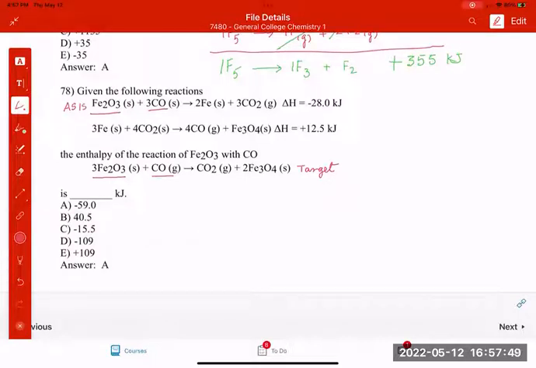Next is iron plus carbon dioxide gives you 2 carbon monoxide and Fe2O3. Here, Fe2O3 is what we need in the products, and Fe3O4 is needed, and we need carbon dioxide.